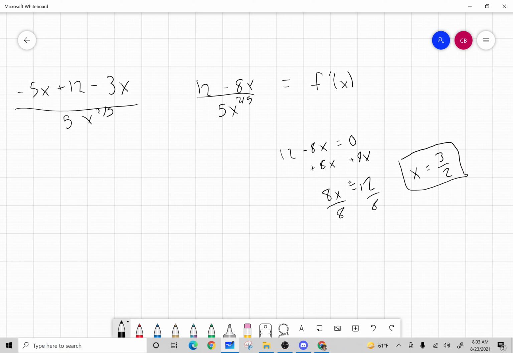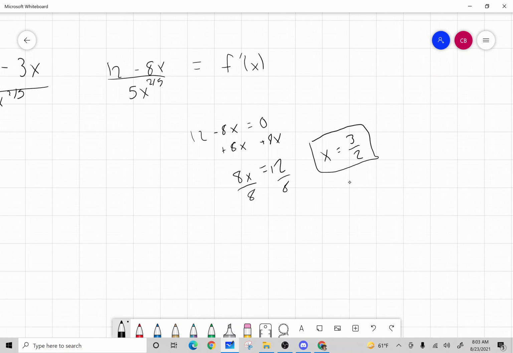And so f prime of x is equal to 0 when x is 3/2, and f prime of x does not exist when x is equal to 0, right? Because if we plug 0 into the denominator, we get a problem. So the critical numbers here are x equals 3/2 and 0.